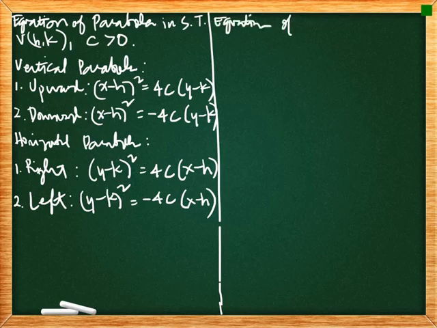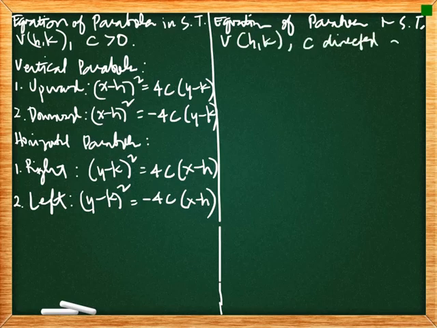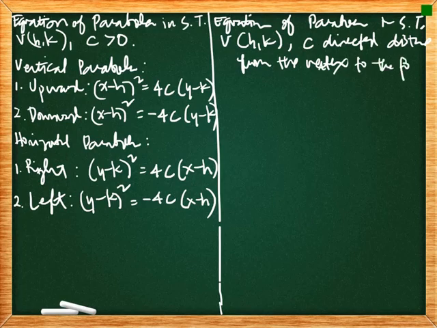Now let's come to the equation of a parabola in standard form, given the vertex at (h, k) and c being the directed distance from the vertex to the focus.